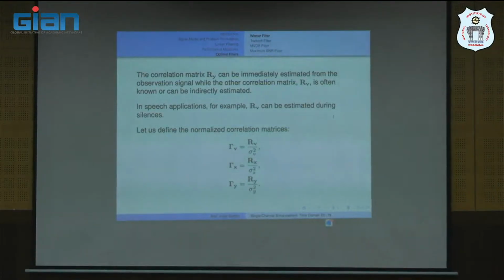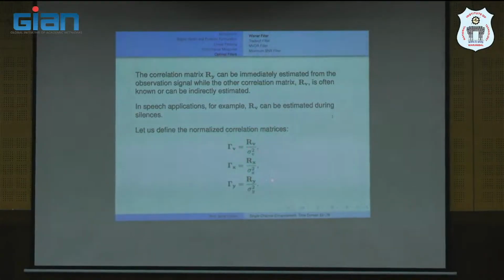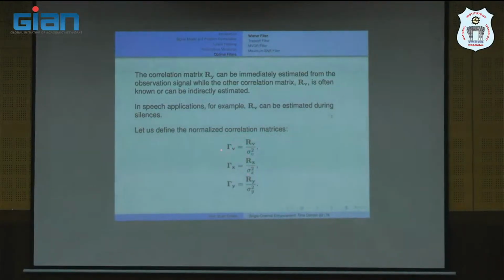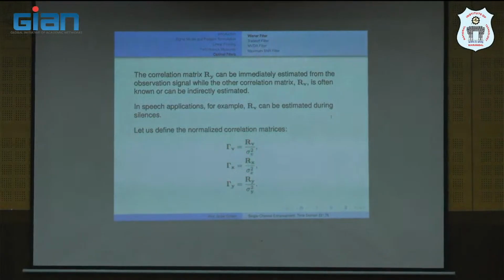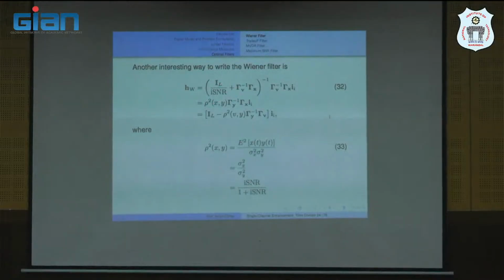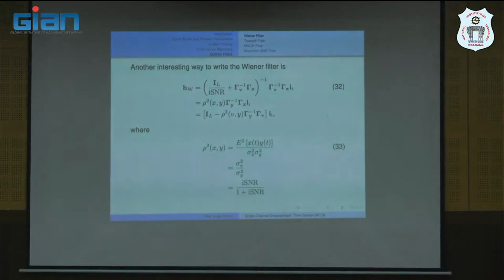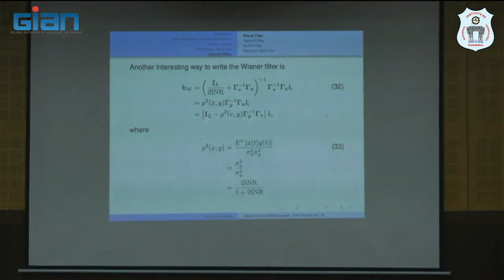Okay? We can also normalize Rv, Rx. So these are the normalized correlation matrices, and we can use them, and we can obtain different expressions for the Wiener filter. We can also write it using the Pearson correlation coefficient.